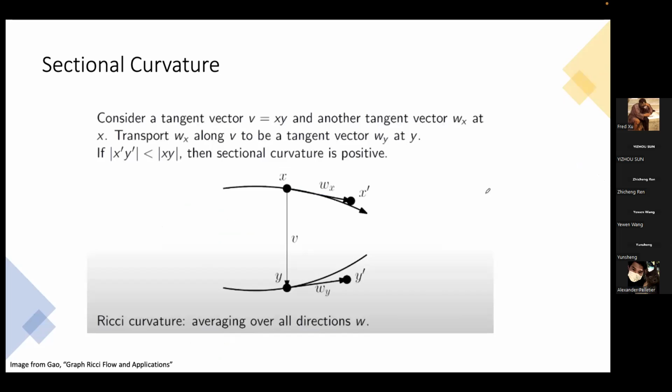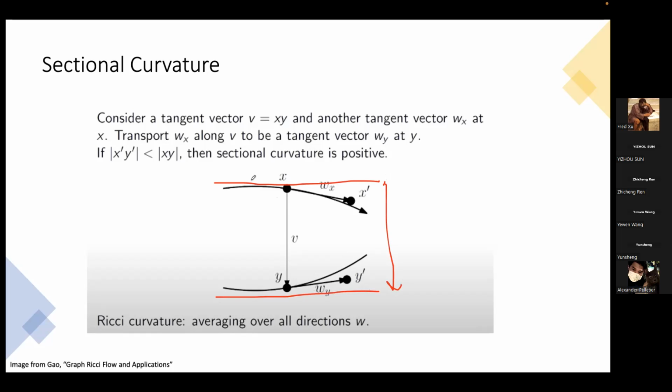So first, we do a little bit of review of what a curvature is. Basically, if you have two straight lines, let's say x and y, in this case the distance between x and y would not change as you progress. It will be the same because you have parallel lines. But if you have two curves, then the distance between x and y would actually change as you progress.